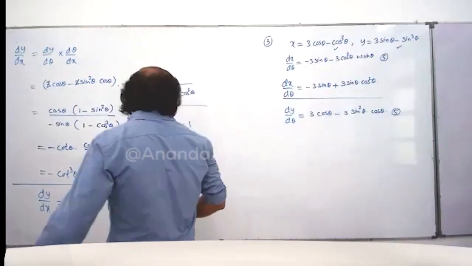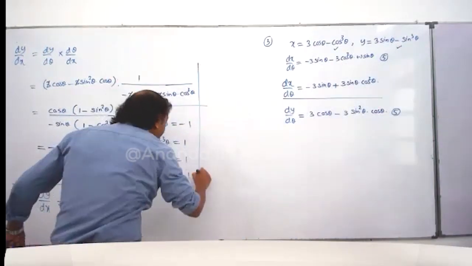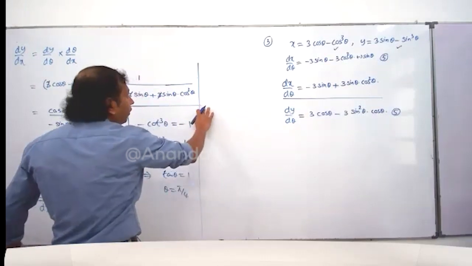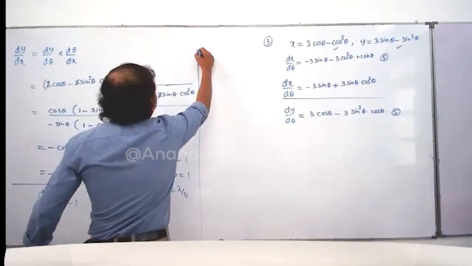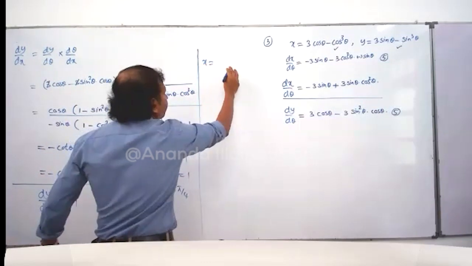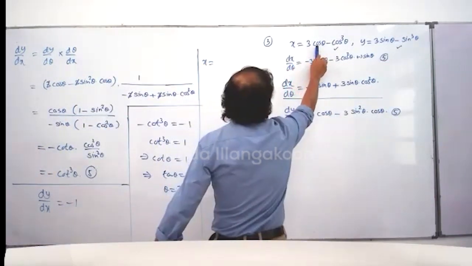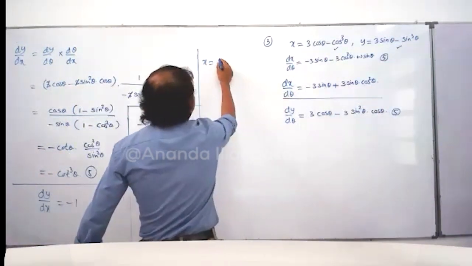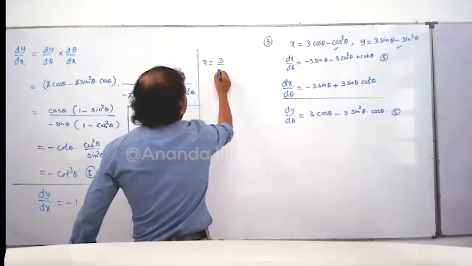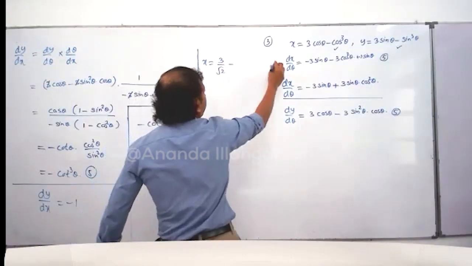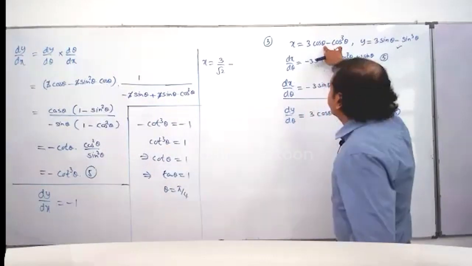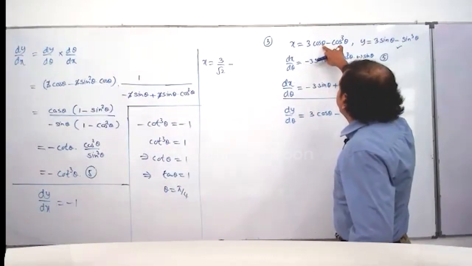Then we can write what? X and y coordinate. Therefore, x coordinate you can write, substituting here theta pi by 4. Cos pi by 4 is 1 over root 2.